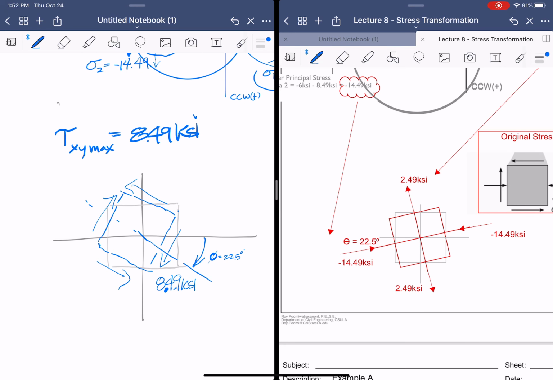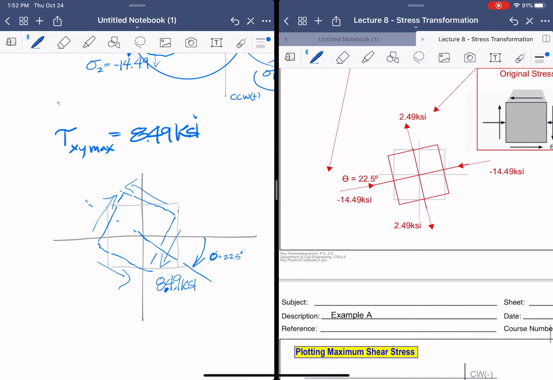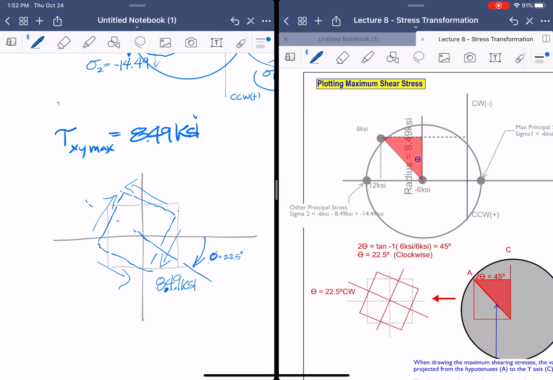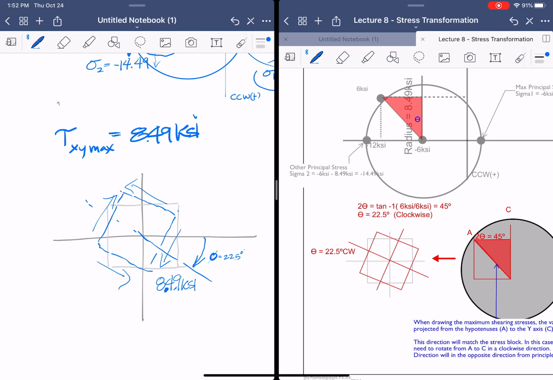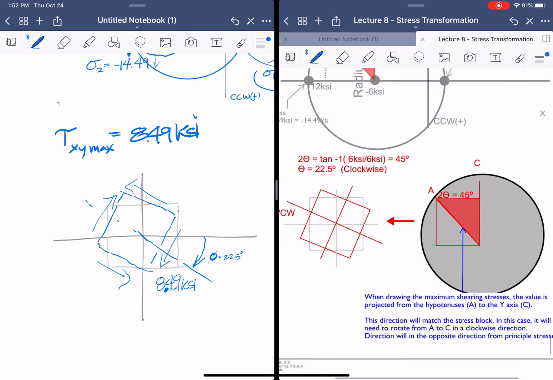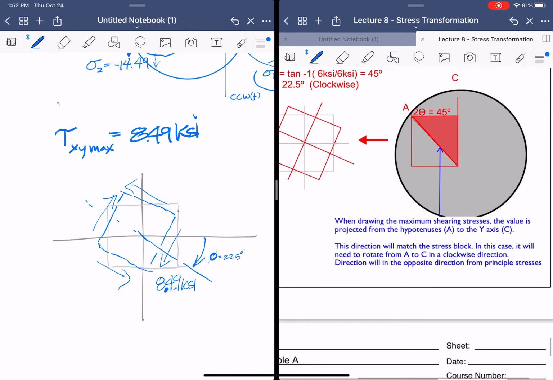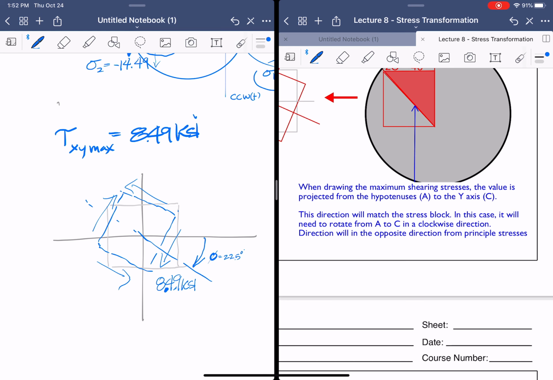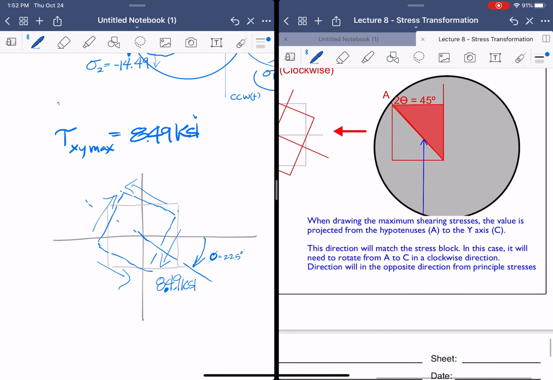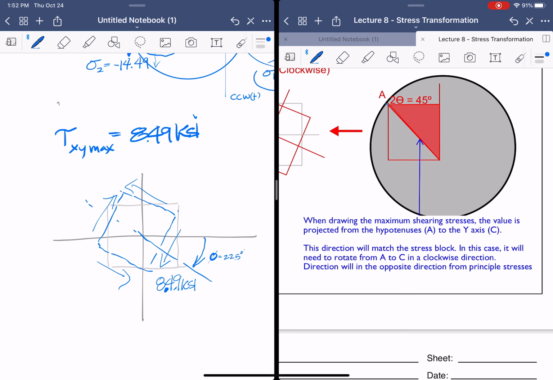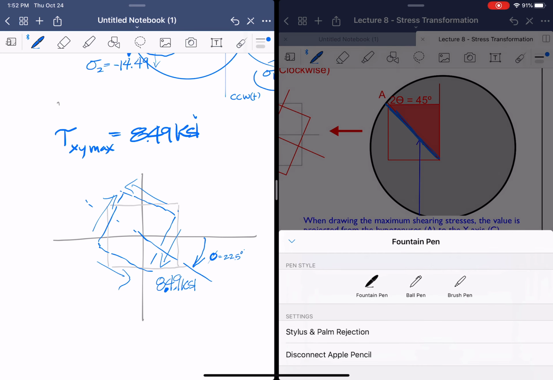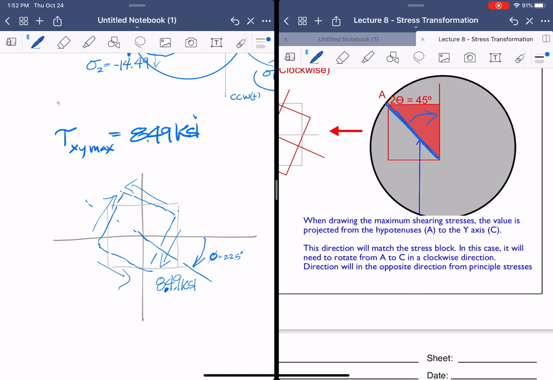So we have that. Now it also says that our center, you take theta again. Now it's projecting onto this side. We've done that. I put a note here: when drawing the maximum shearing stress, the value is projected from the hypotenuse A to the y-axis C. This direction will match a stress block.